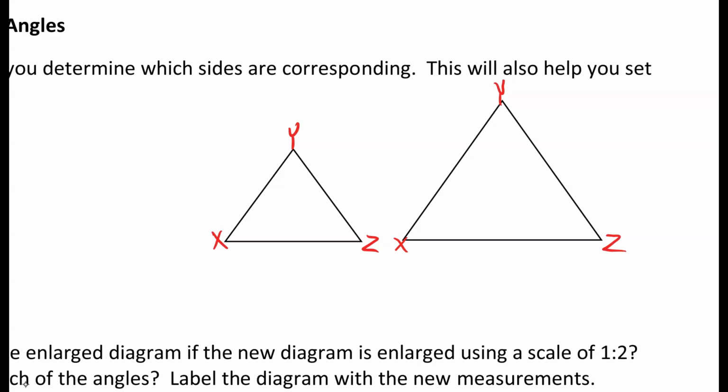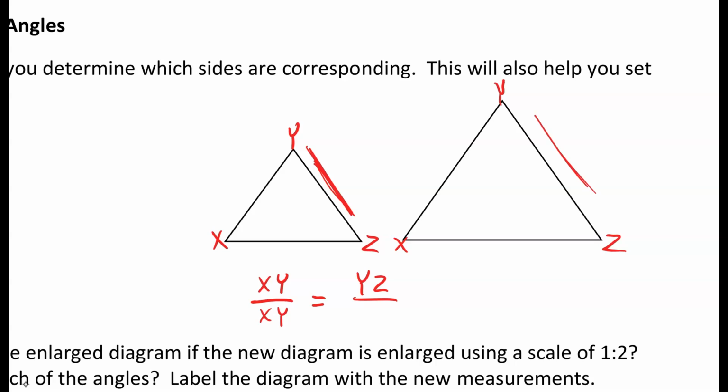To talk about the sides, we would have XY, so this line right here, as one side, and you would write it as XY. We'd also have that matching with this same line on this side, so we'd write it over top of the other as XY. This is equal to, and then if we were talking about Y and Z, we would write YZ.